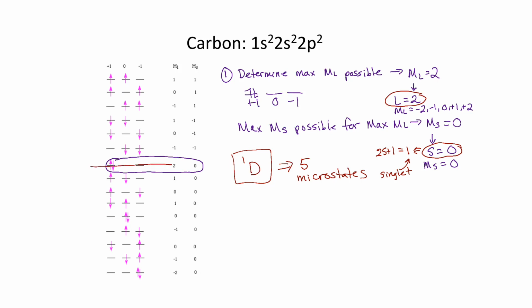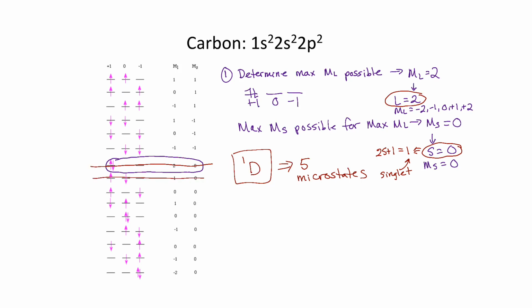So that's obviously our 2, 0 option. So we're just going to find all of the options that correspond to our different combos of m sub L and m sub s. Okay, just to clear out our microstates a little bit. So we've got a 2, 0. We should have a 1, 0.